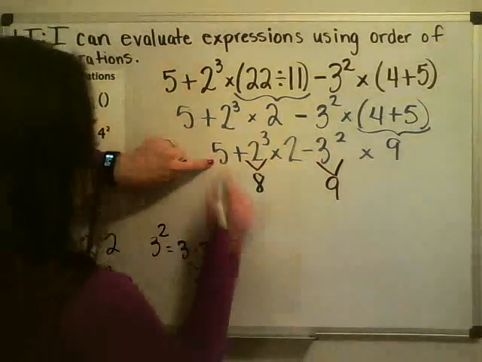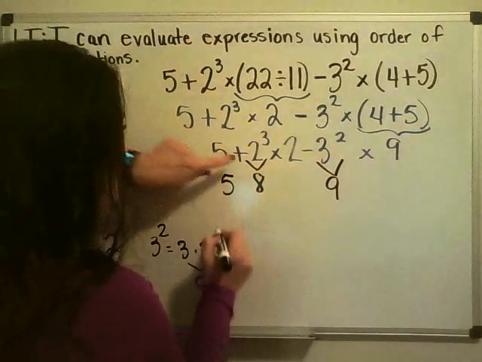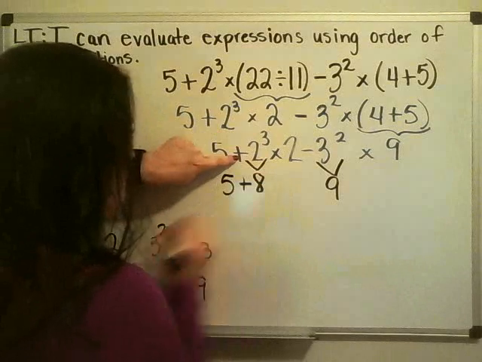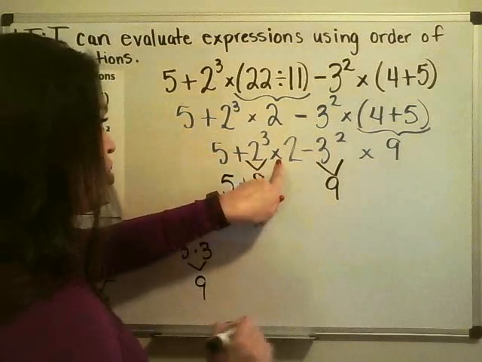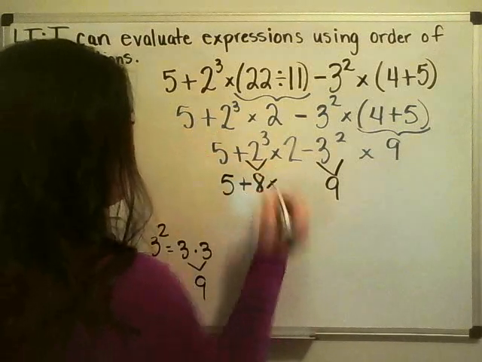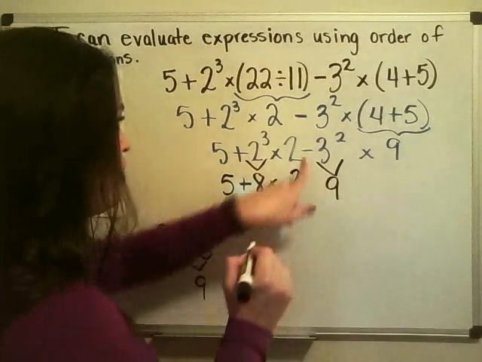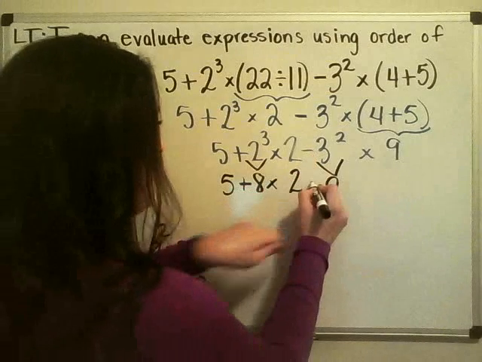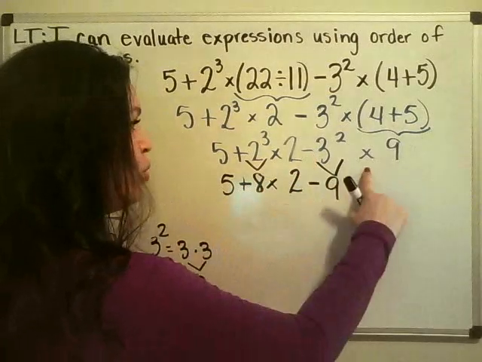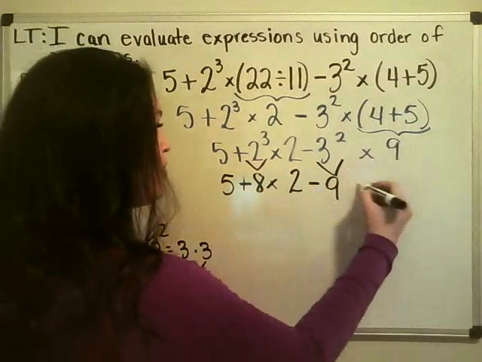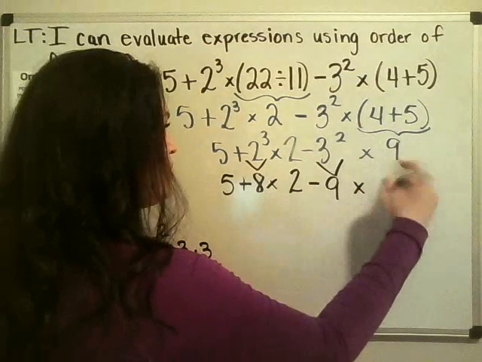All right, so I have a 5, I bring it down. A plus sign, bring that down. I have a multiplication sign, bring that down. A 2, bring it down. A minus sign, multiplication sign right here, and a 9.